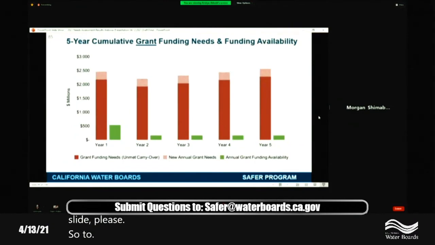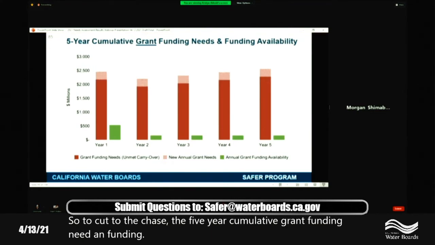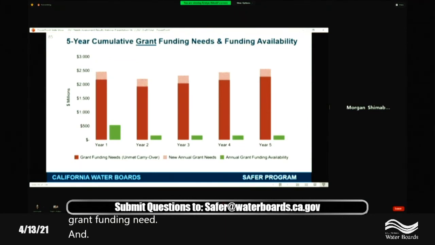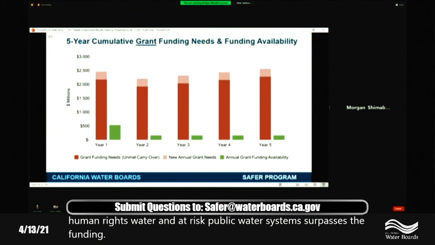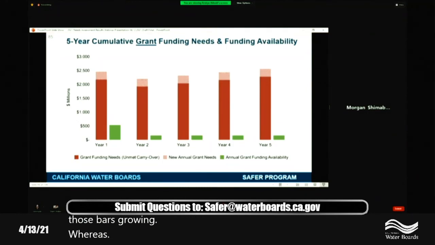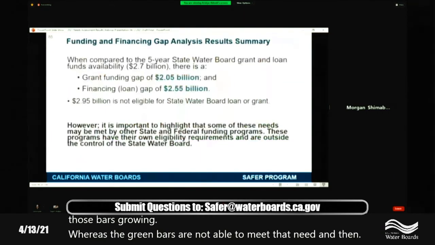To cut to the chase, the 5-year cumulative grant funding need and funding availability, what we saw over time was that the grant funding need and the new annual grant need that came on with those new human right to water and at-risk public water systems surpasses the grant funding available. So over time, in red, you can see those bars growing, whereas the green bars are not able to meet that need. And then next slide.